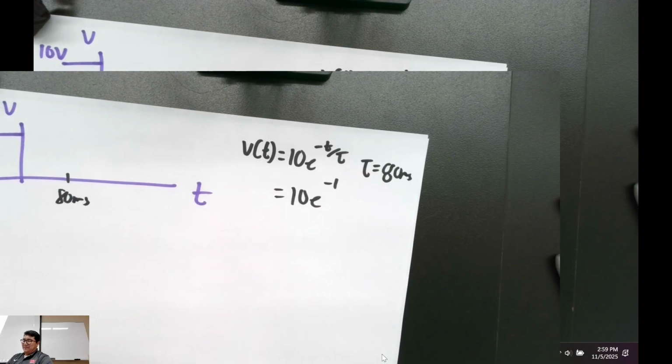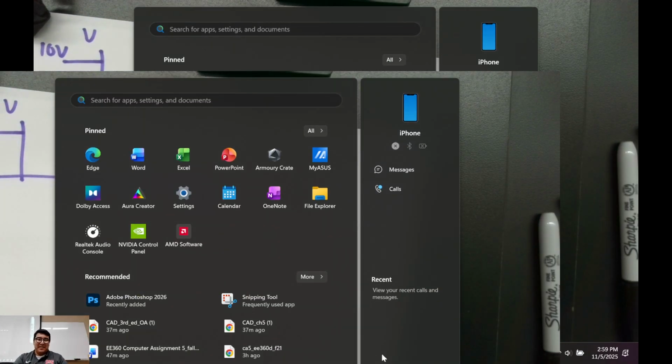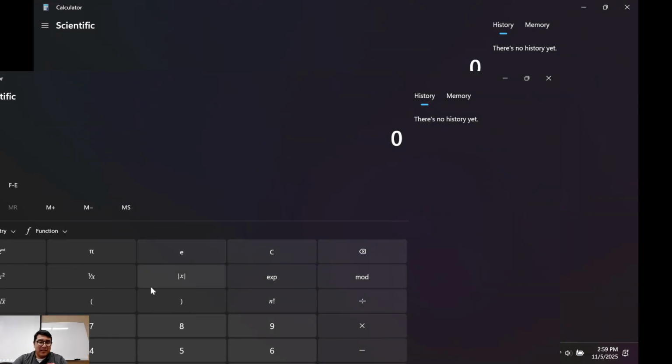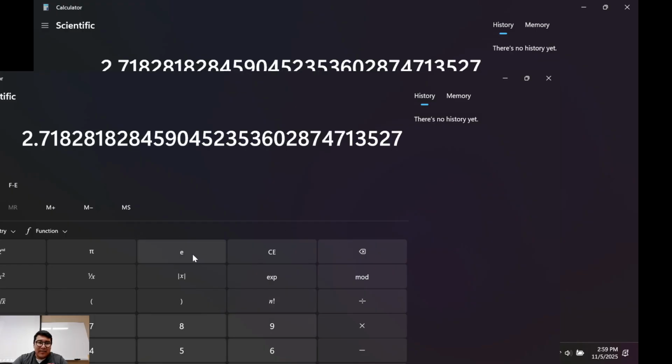Where's the voltage over there? Calculator. I don't know if my calculator is going to do this. How do I do this, 10 times e to the power of minus 1?